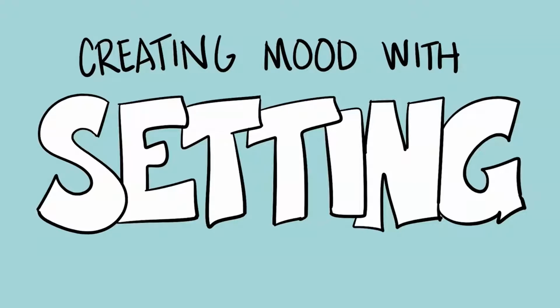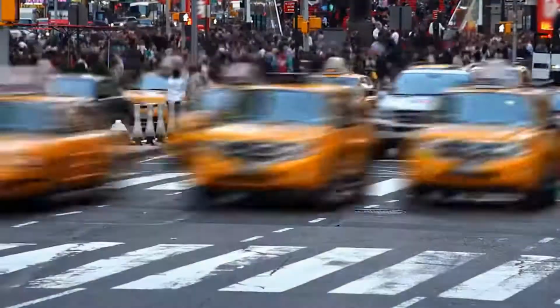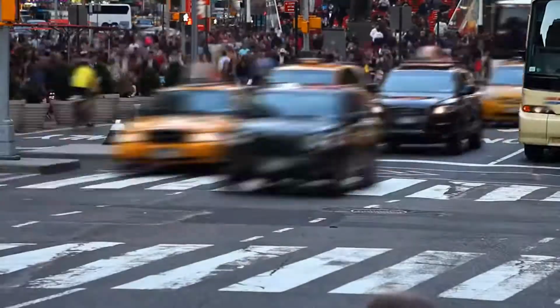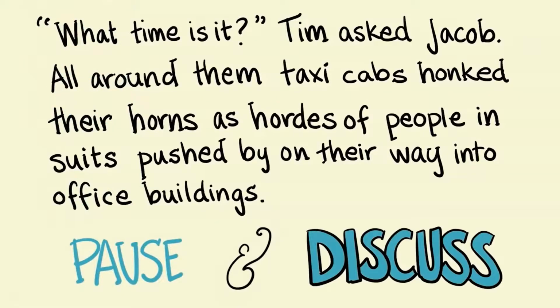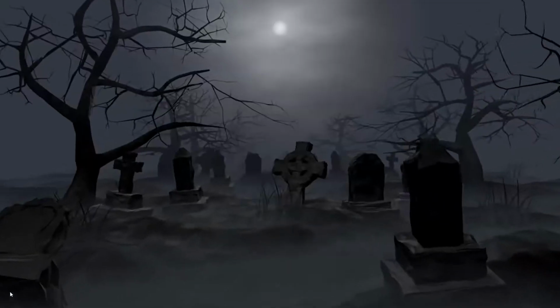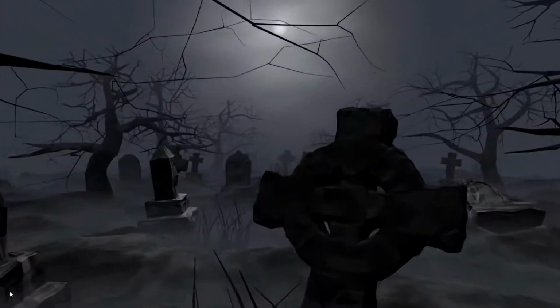The setting of a story also plays a big part in creating mood. Like in this scene. What time is it? Tim asked Jacob. All around them, taxicabs honked their horns as hordes of people in suits pushed by on their way into office buildings. What is the setting? What mood does the setting create? Now imagine the same scene, but in a completely different setting.